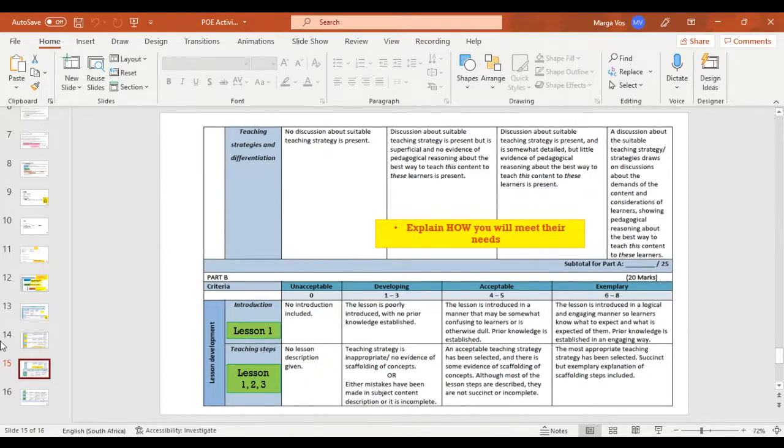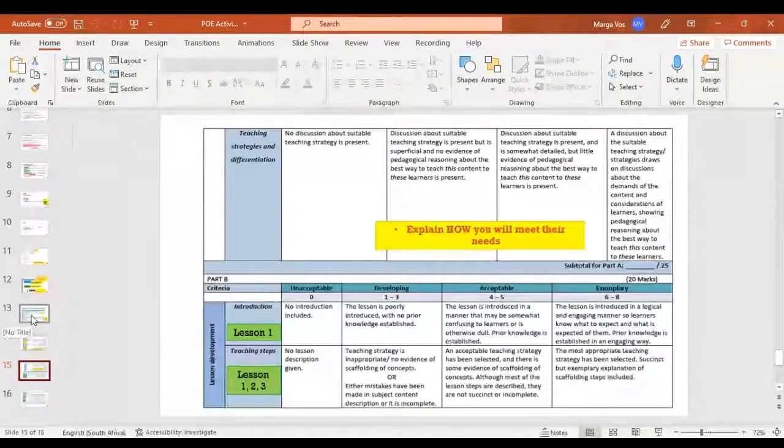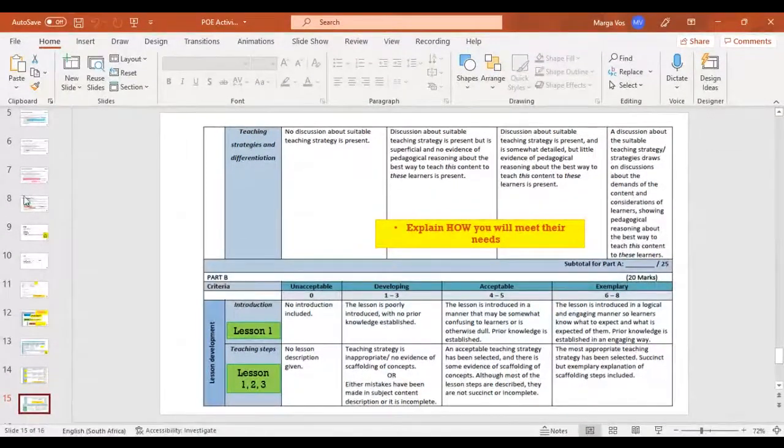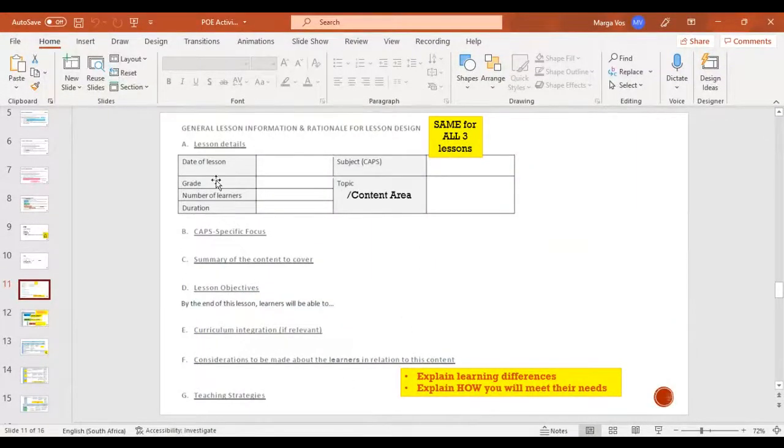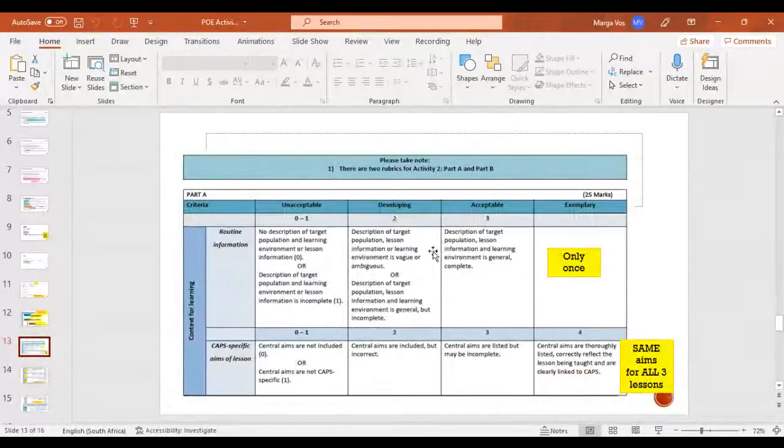All right, so I just want to quickly recap this part. Section A, B, C, D, E, F, and G, you only do once. So if we look again at our rubric, you will see part A is the routine information, which is done once.